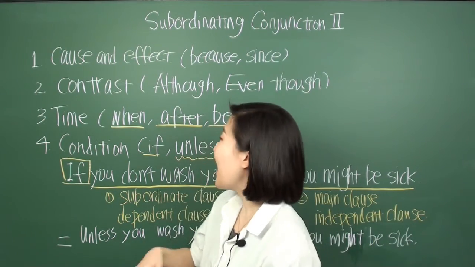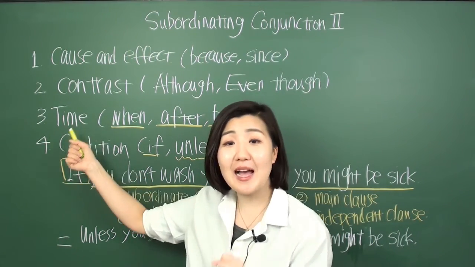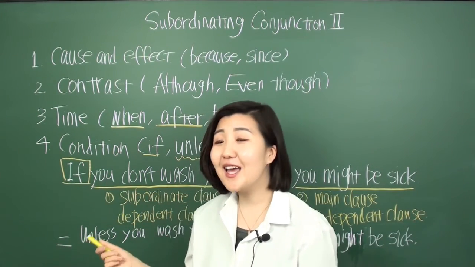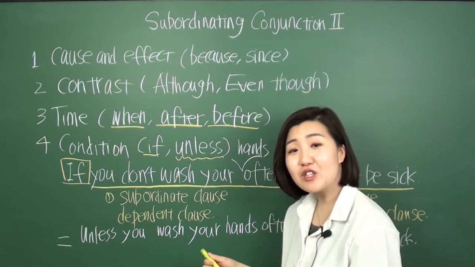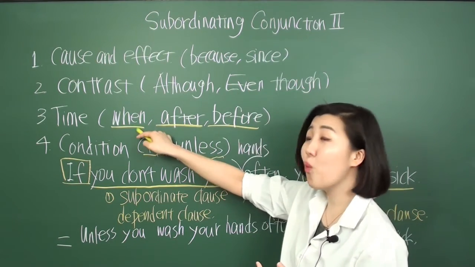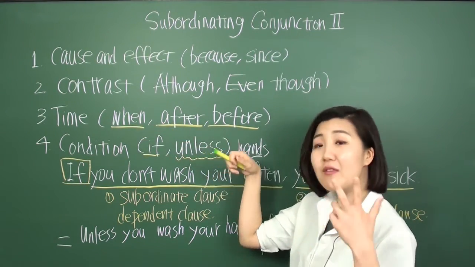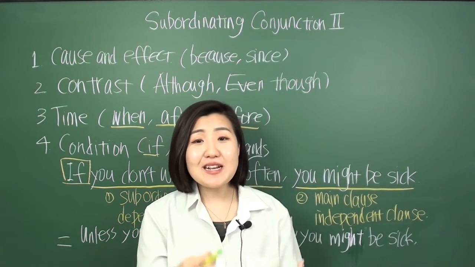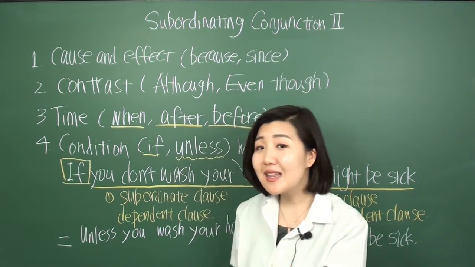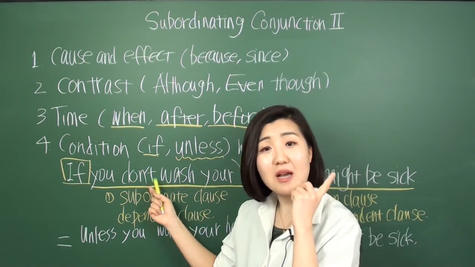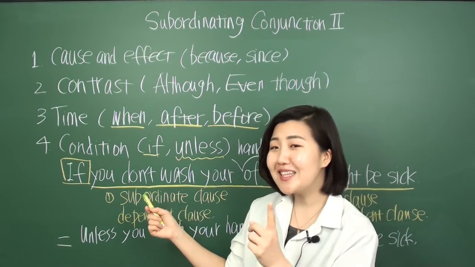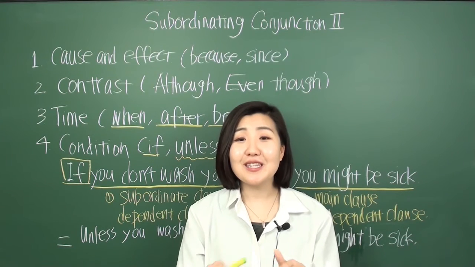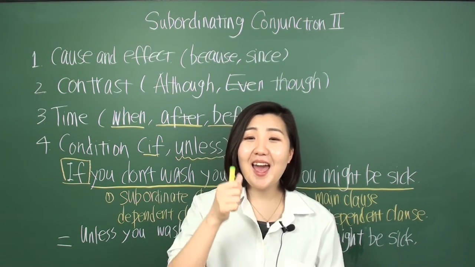Yes, one group that indicates time, and another one that indicates condition, right? Subordinating conjunctions that indicate time are when, after, and before. And the ones that indicate condition are if, which is positive condition, and unless, which is the negative condition. Can you understand? Okay, good.